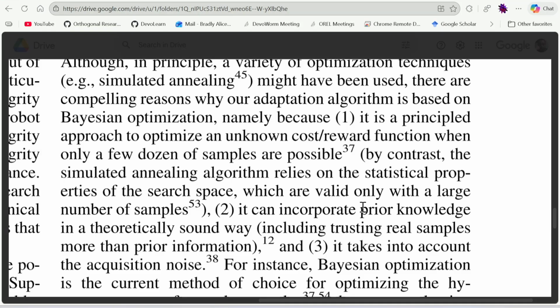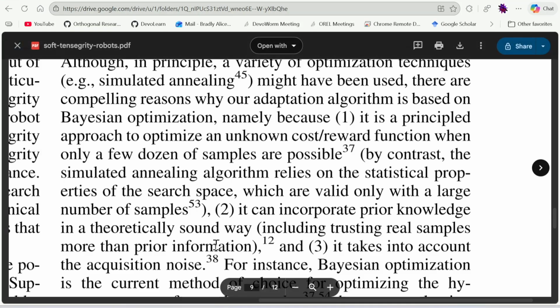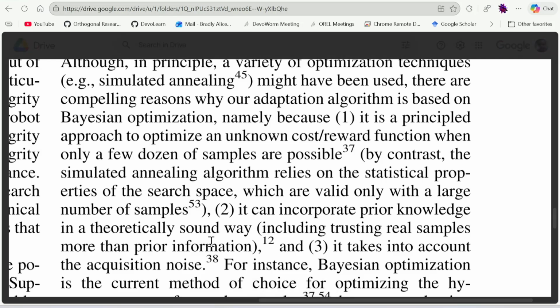Two, it can incorporate prior knowledge in a theoretically sound way, including trusting real samples more than prior information. There are ways you can make Bayesian models less effective. We can use direct observations, or we can use statistical observations, and of course, real world observations are better.